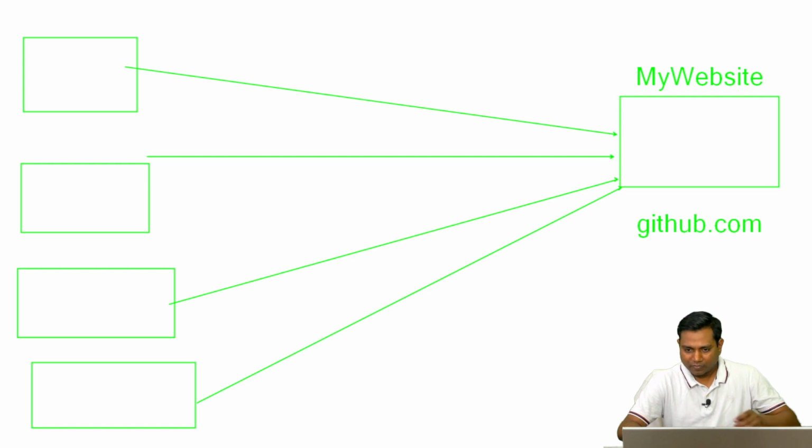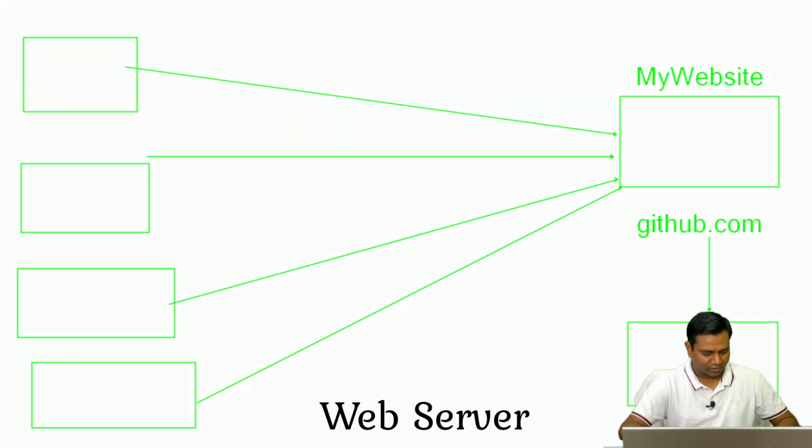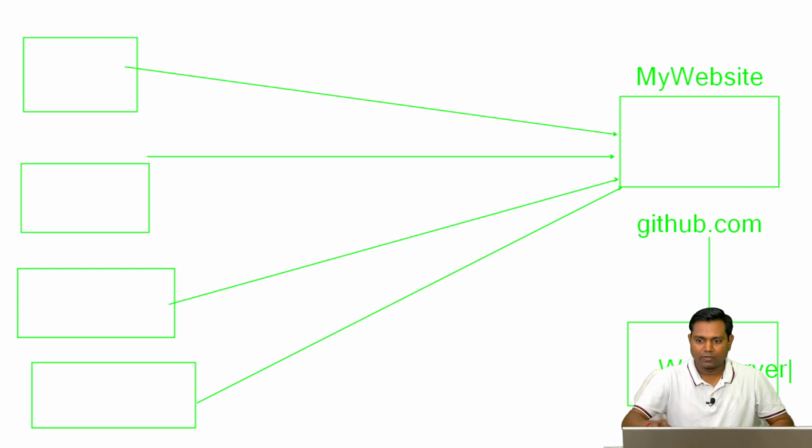And further, we have the web server here and that is connected with github.com. Further we will understand how the web server is connected. So that is the web server we can say.